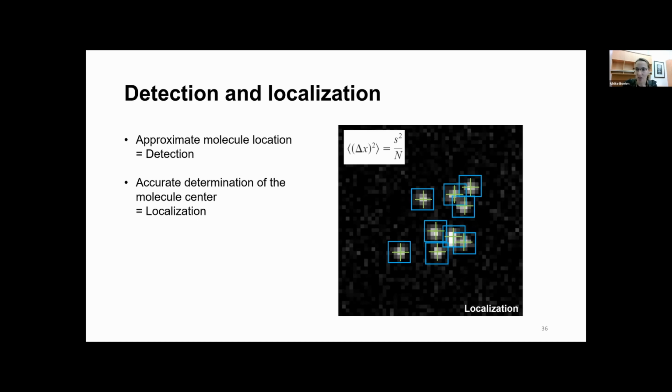And the so-called error, or the uncertainty of the position, is displayed here. So what this formula means is that delta X, the uncertainty, or the square of the uncertainty of the position of the single emitter, equals the square of the standard deviation divided by the number of detected photons.